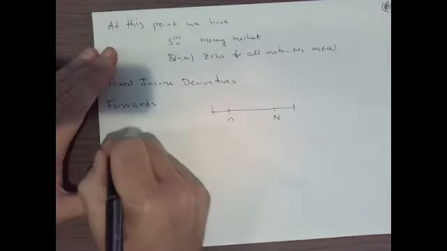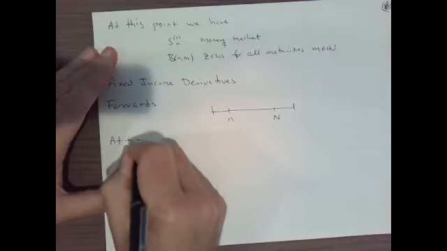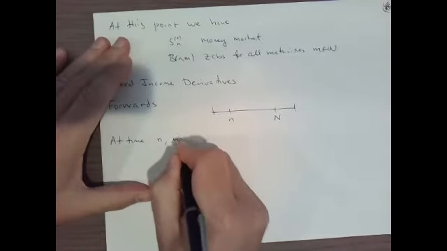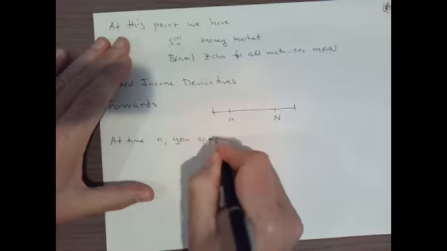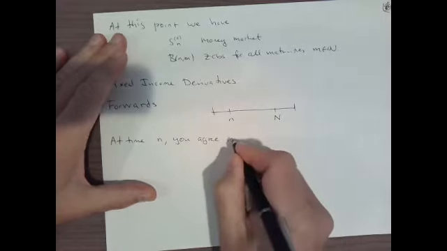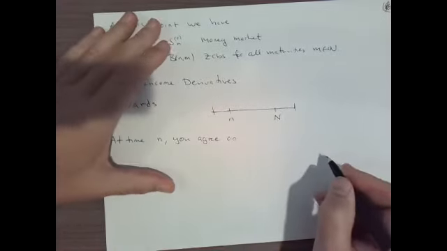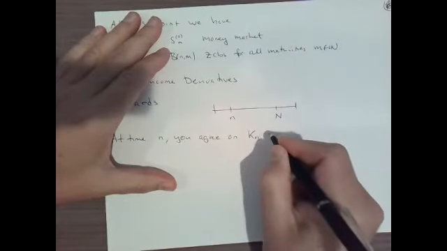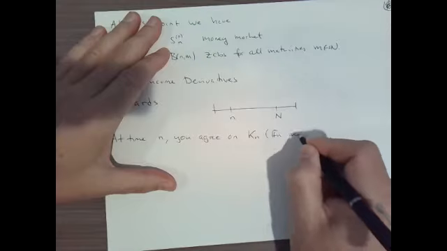Right. So at time n, you agree on a Kn, which is Fn measurable.